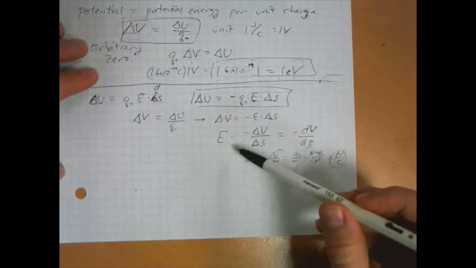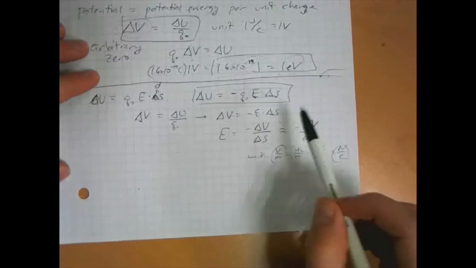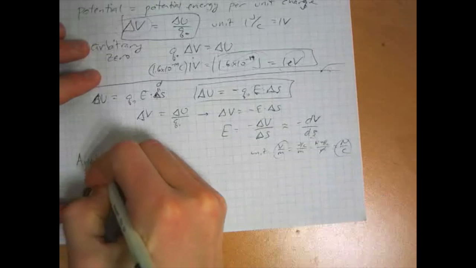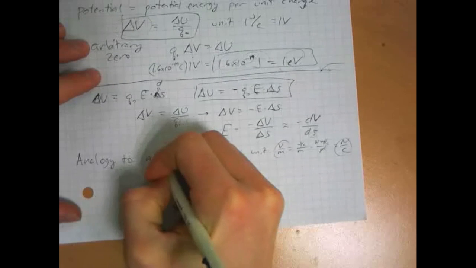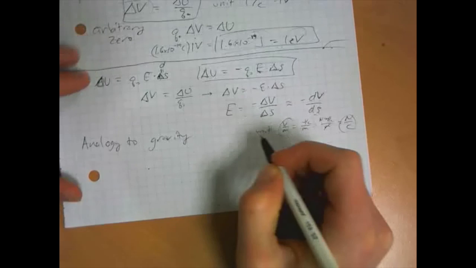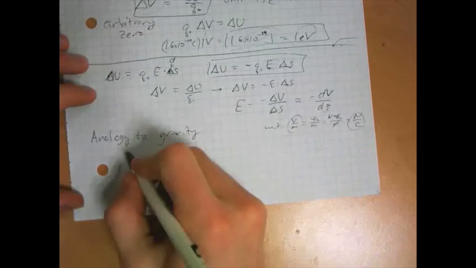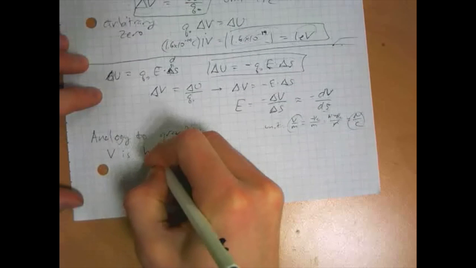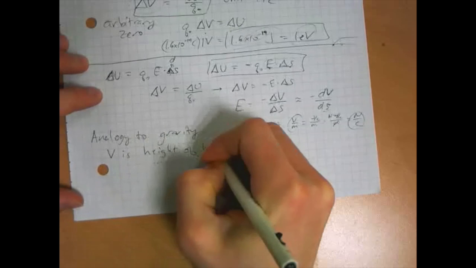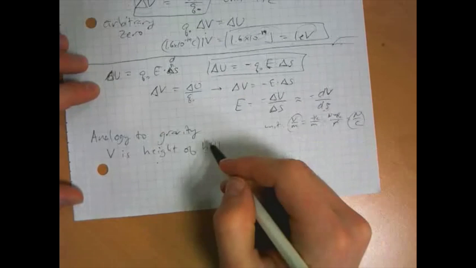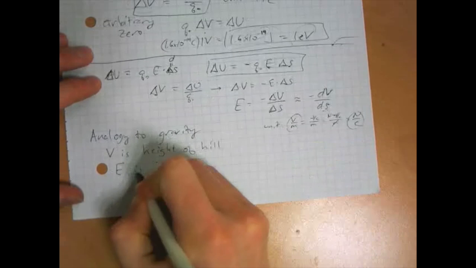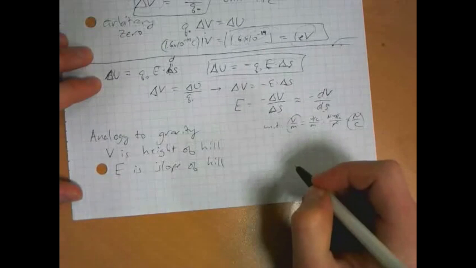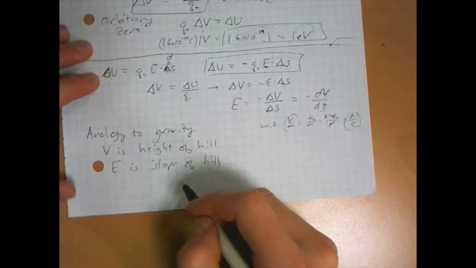So if we consider an analogy to gravitational stuff, the potential is the height of your hill, like how high up you are on the hill, while the electric field is the slope of the hill. So that's a way we can give the analogy to gravity.